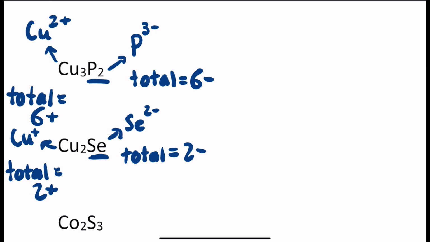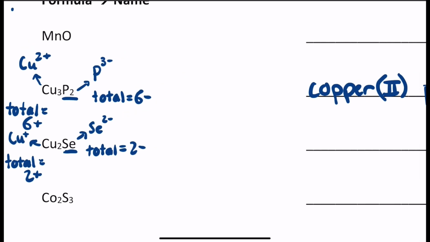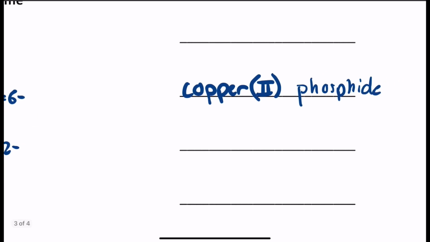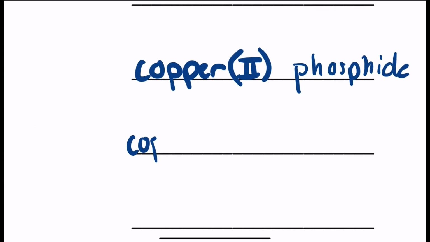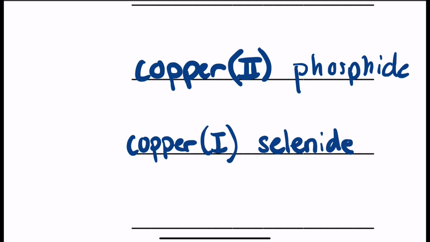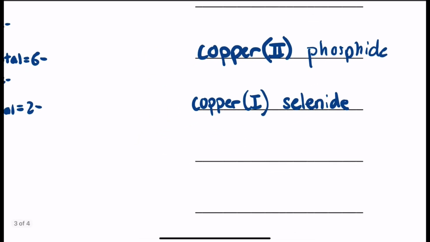So try to name that, and then pause the video, and then the answer here is probably going to be something like copper(I) selenide. Okay, so notice that the ending of selenium became "-ide", and the copper has a 1 in its name.